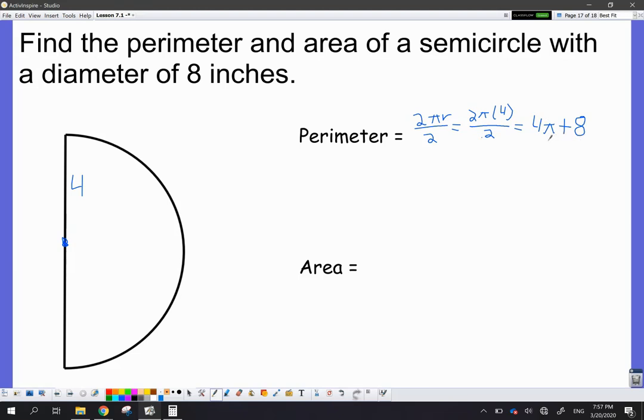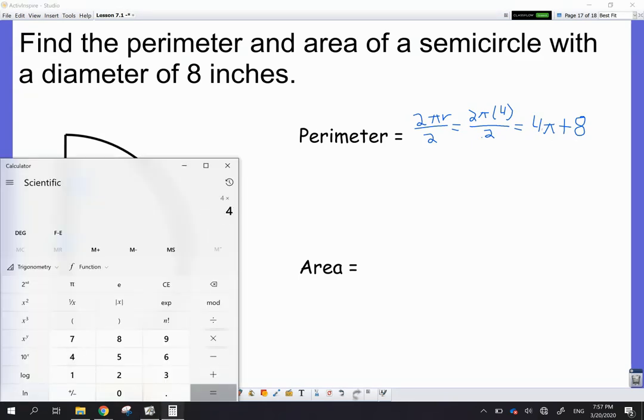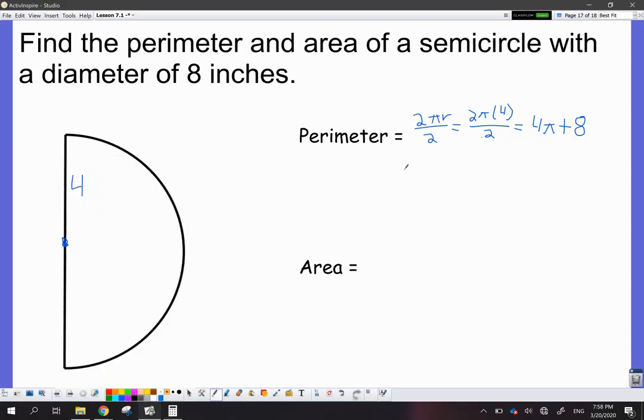But since Google's going to want your approximated decimal answers, let's find out what this is. 4 times 3.14 gives me that, but then I add in the 8 for my diameter, get 20.56. So my perimeter for the semicircle is 20.56. My units were inches, so 20.56 inches is my perimeter.